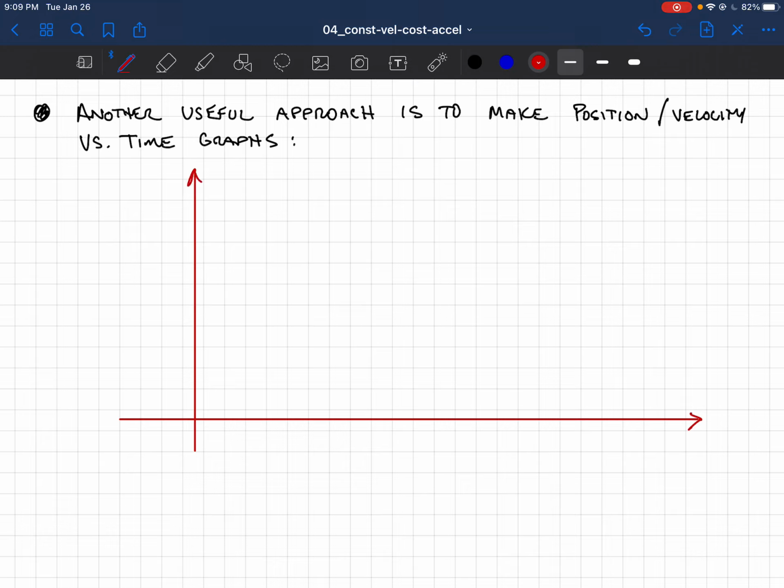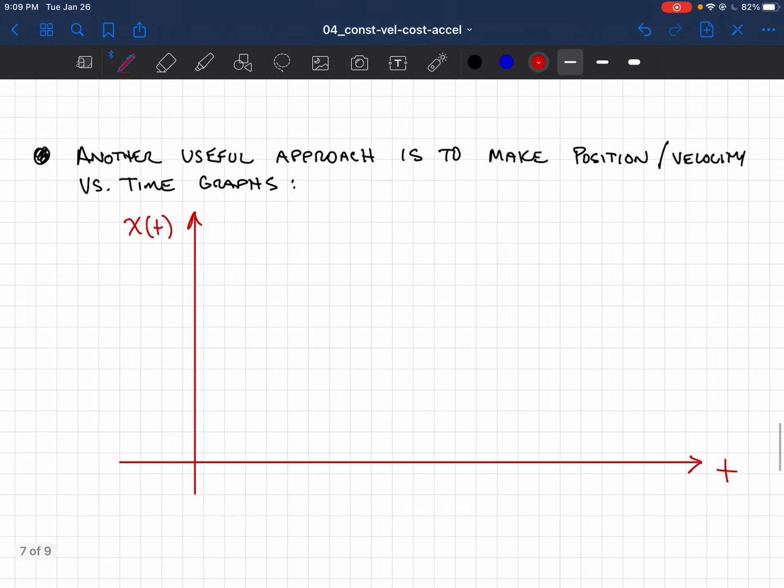So this is not the same as the coordinate system I drew above, because my horizontal axis is time and my vertical axis is x. So we had this x, we had the trains here with their velocities, and now we're taking this entire x-axis and we're moving it to a vertical axis.